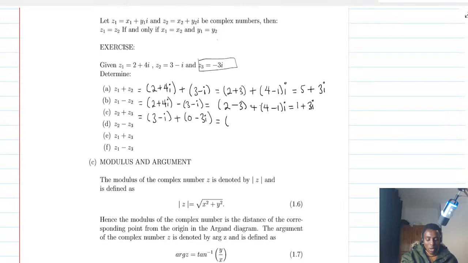So then this is what you are going to do. 3 plus 0, that is for the real part.